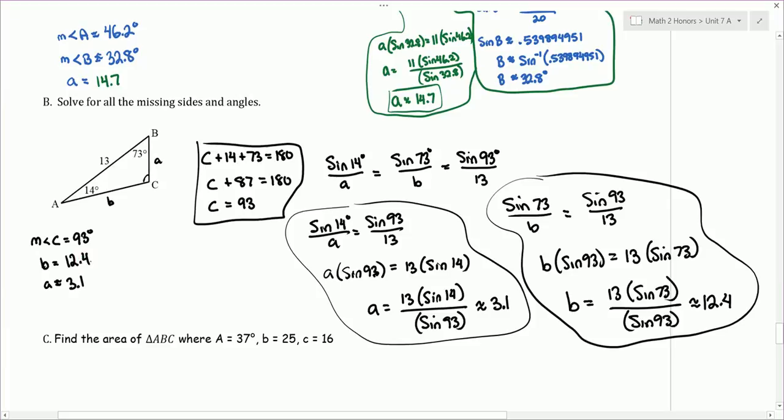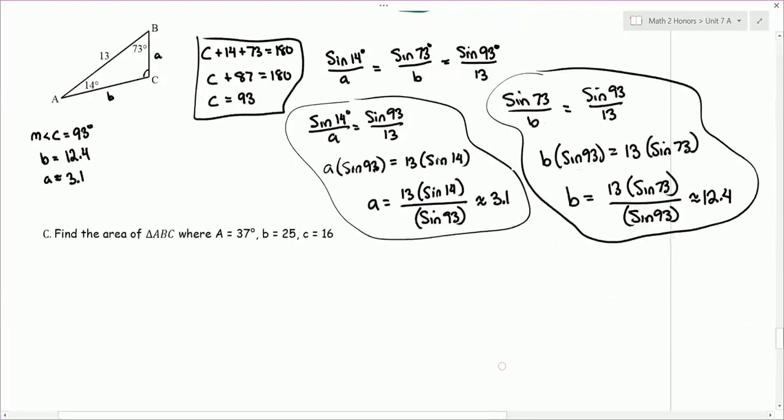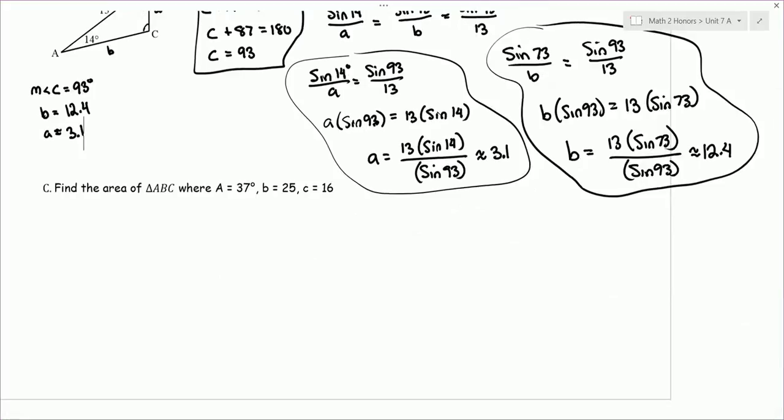And then we got our missing sides and missing angles. Last part, we're going to find the area of triangle ABC where A is 37 degrees, B is 25, and C is 16.